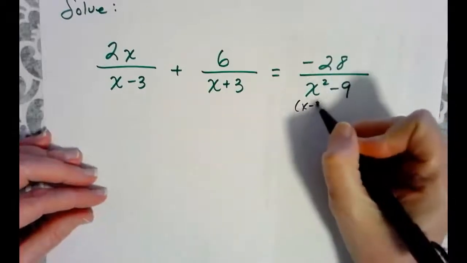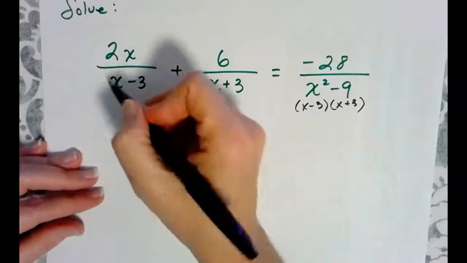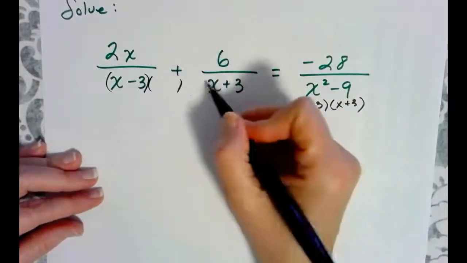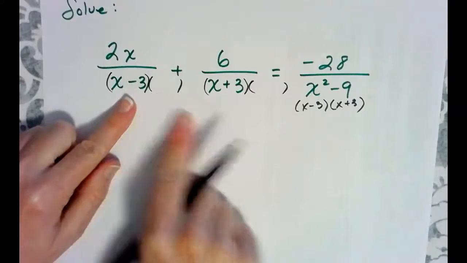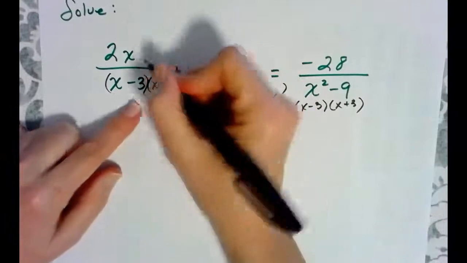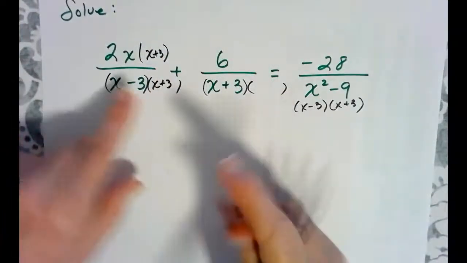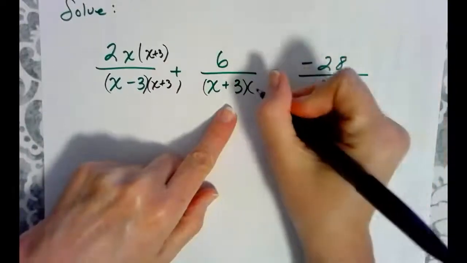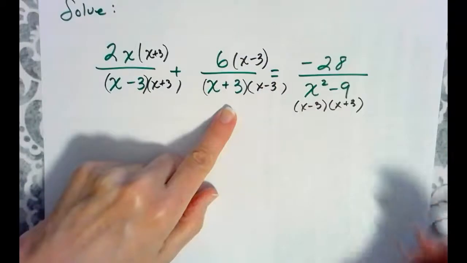Its factors are x minus 3 times x plus 3. So ask yourself, just like we do in class, the what's missing question. What is this denominator missing? It's missing the x plus 3. And whatever we need on the bottom, we also multiply on the top to rename the fraction. What's this one missing? x minus 3, x minus 3 on the top.